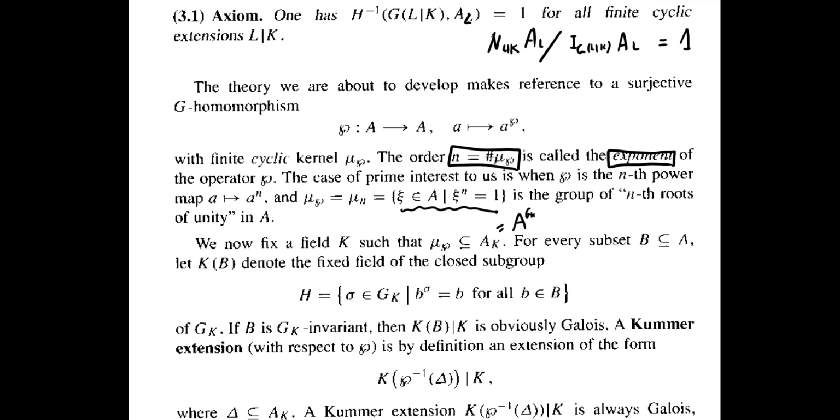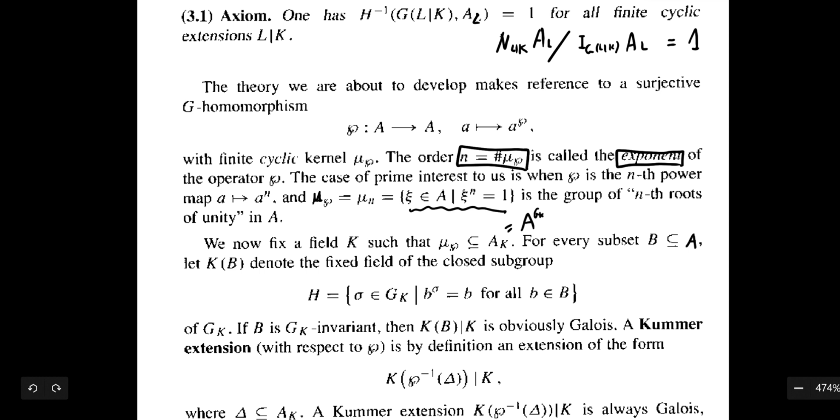For every subset B of A, we let KB denote the fixed field of the closed subgroup.